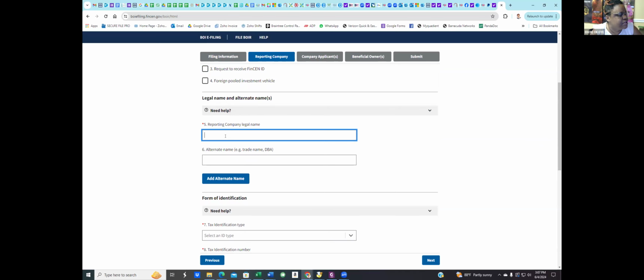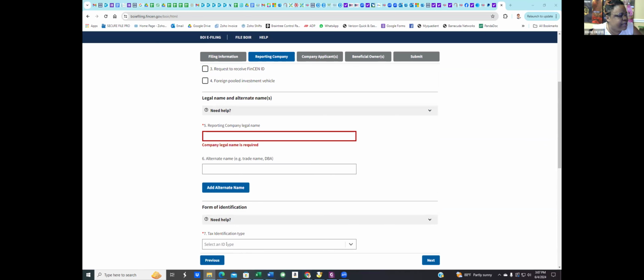Okay. So now it says the legal name. Let me go in and pull up one of the entities I'm going to file. Once I start typing in the name, I'll stop sharing the screen. By the way, is anybody else trying to file it online while we're doing it so we can all do it together?